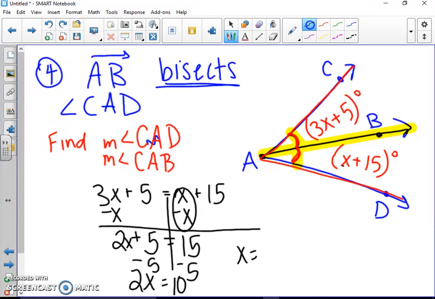So we know x equals 5, and that's great, but we need to find the measure of CAD and the measure of CAB.